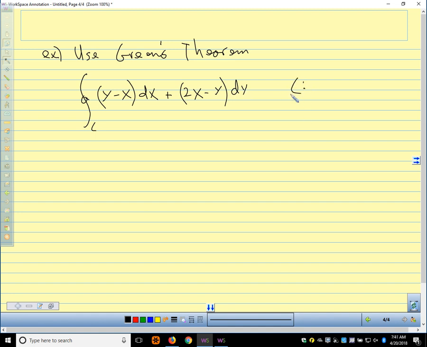And C is the boundary of the region inside y equals the square root of 25 minus x squared, and outside y equals the square root of 9 minus x squared.